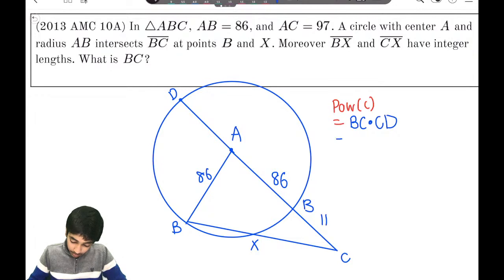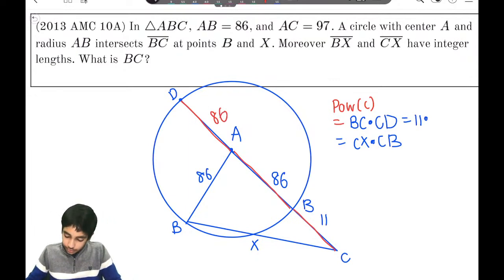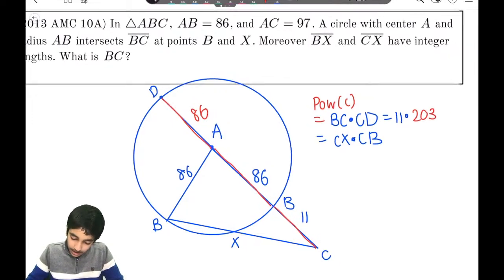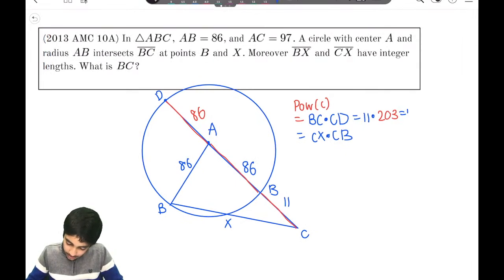It's also equal to CX times CB, because that's the Power of a Point theorem. So what is BC? BC is 11. And what is CD? CD is 11 plus 86 plus 86. This is 86, the radius of the circle, right? So 11 plus 86 plus 86 is 203. So 11 times 203 is equal to the power of C. And notice that 11 times 203 is simply equal to 11 times 7 times 29.